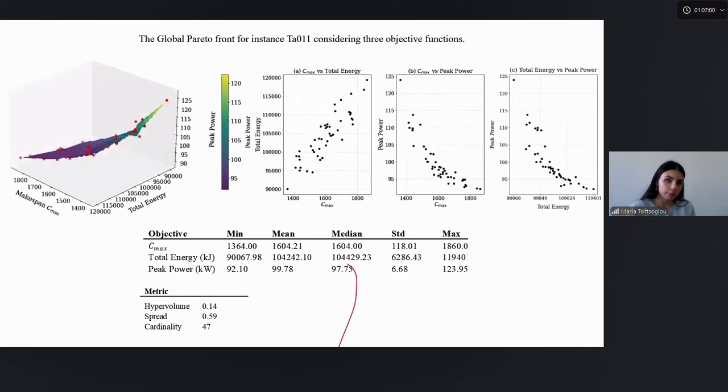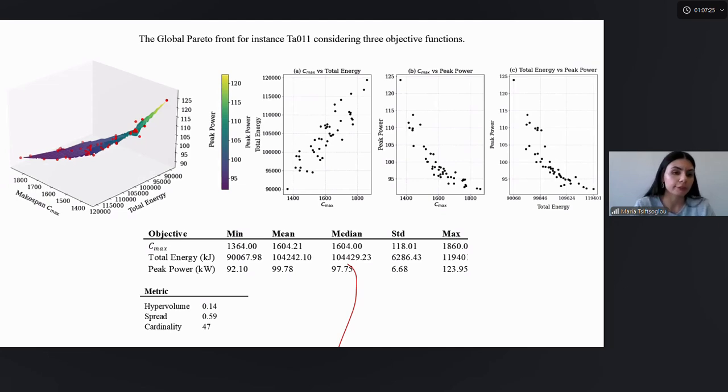And this slide presents the global Pareto front obtained for instance number 11, considering the 3 conflicting objectives: the makespan, the total energy, and the peak power. In the 3-dimensional plot are presented the trade-offs between these conflicting objectives. Each red point represents a non-dominated solution.